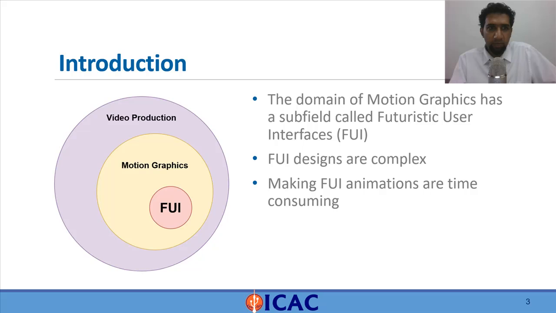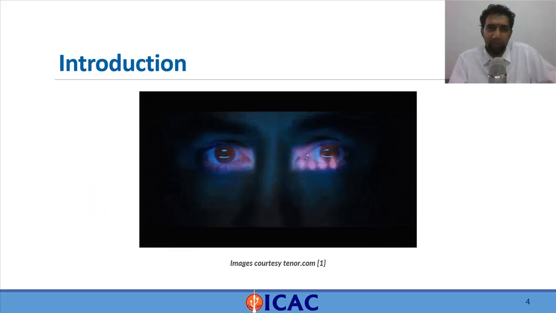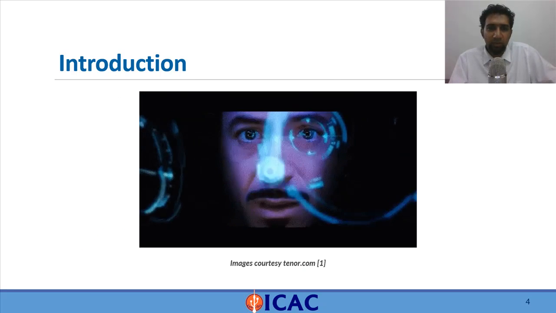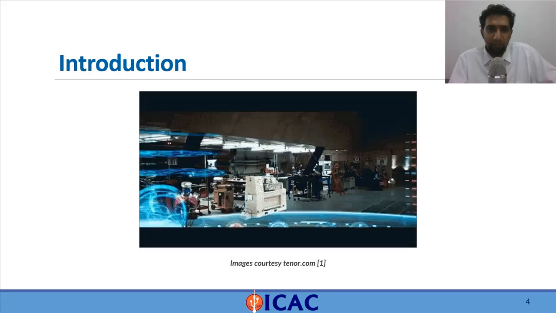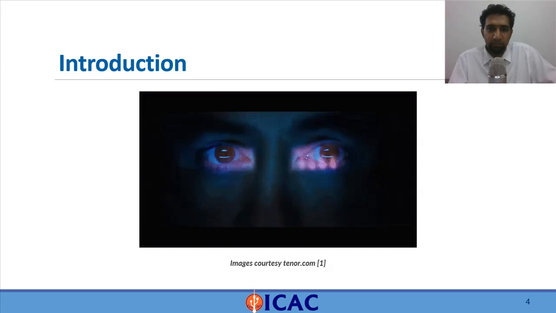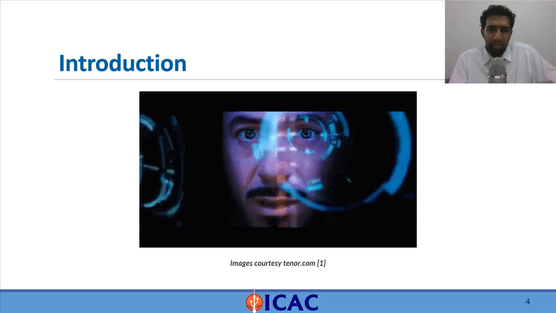Our research is in the domain of motion graphics, which is within the industry of video production. There is a genre of motion graphics called futuristic UIs, or fictional UIs, sometimes. You may not be familiar with the name, but you have definitely seen it in movies, especially in video games, documentaries and even TV commercials.